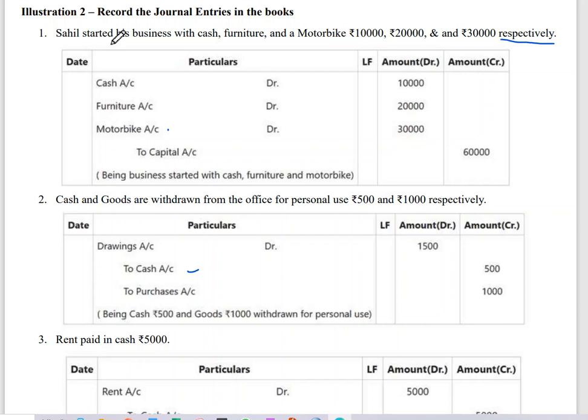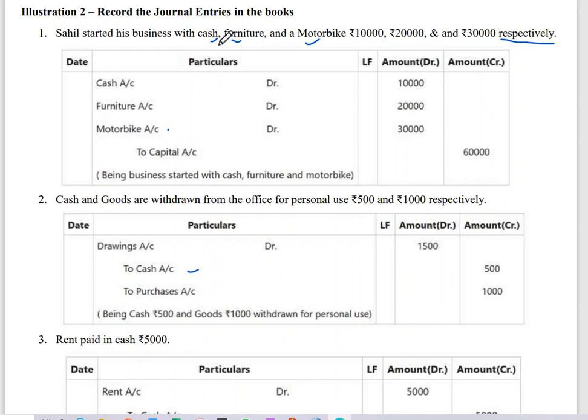So when Sahil is starting a business with cash, furniture and motorbike, those three items should be debited. Why? Cash is an asset, furniture is also an asset, motorbike is also an asset. Cash is a current asset, furniture and motorbike are fixed assets.